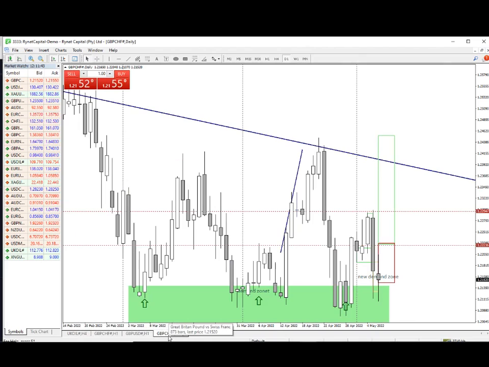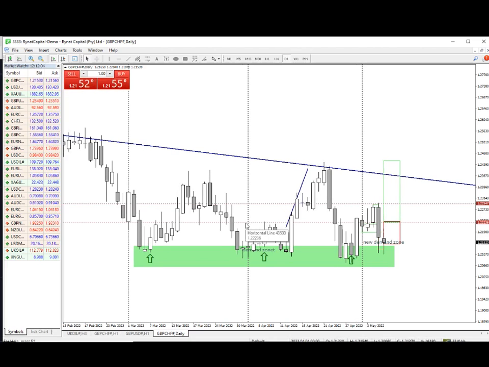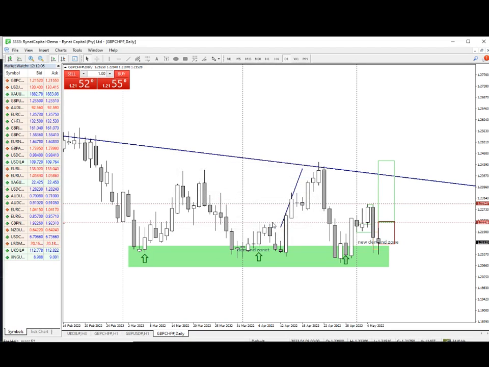Then GBP CHF. We break even on GBP CHF, and now we are back at the demand zone. We want to be looking for another opportunity to take advantage of that bullish momentum. So presently I'll be looking at buying the GBP CHF probably at somewhere around here, somewhere right above this area, and our stop loss will be shifted a little bit further down into this zone, into this last low.